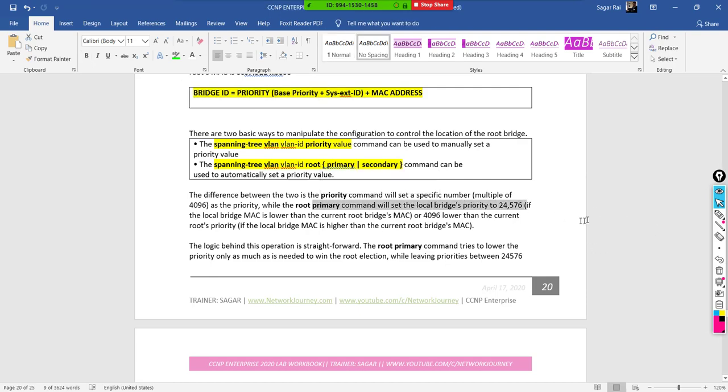In case you're practicing yourself, you have everything in your workbook. So when I have 32768 and I set one of the switches to be primary, it by default made it 24576. Now what is that value?